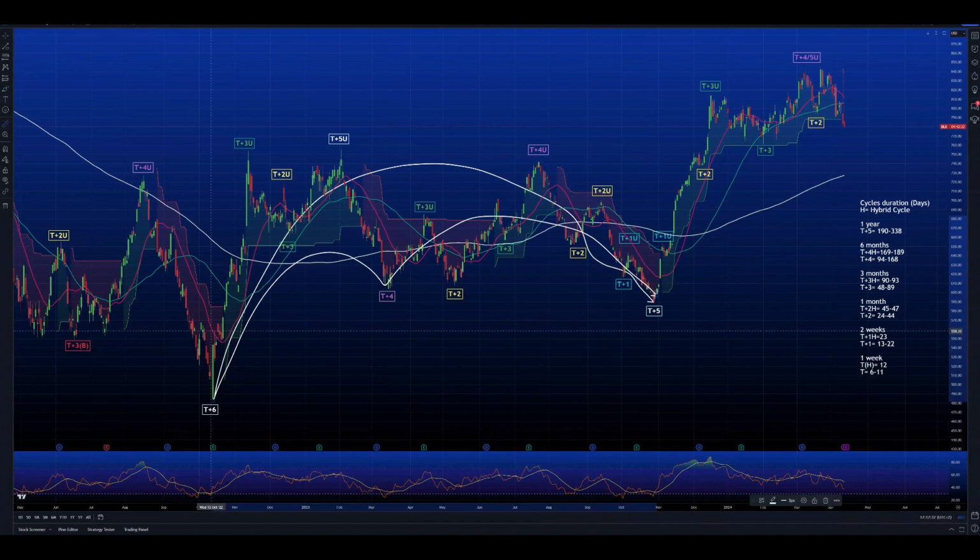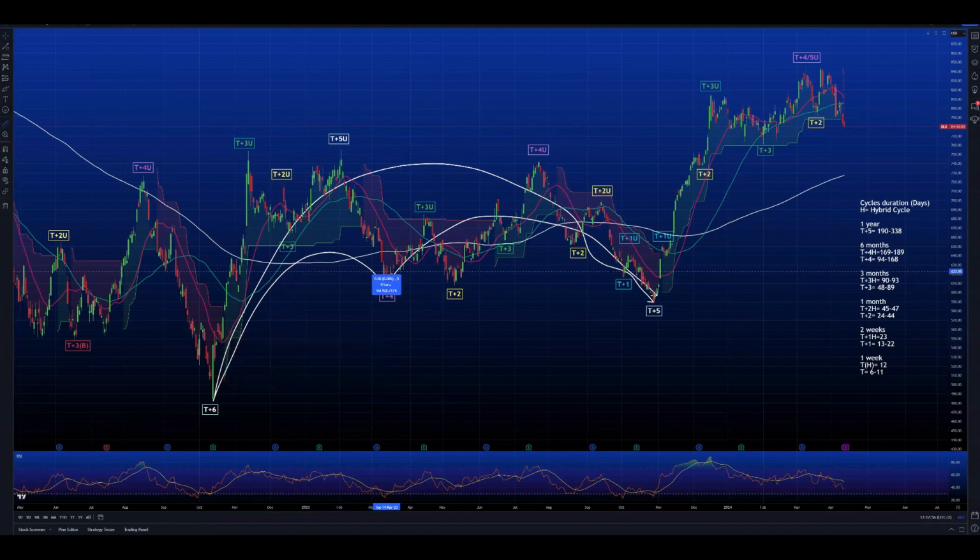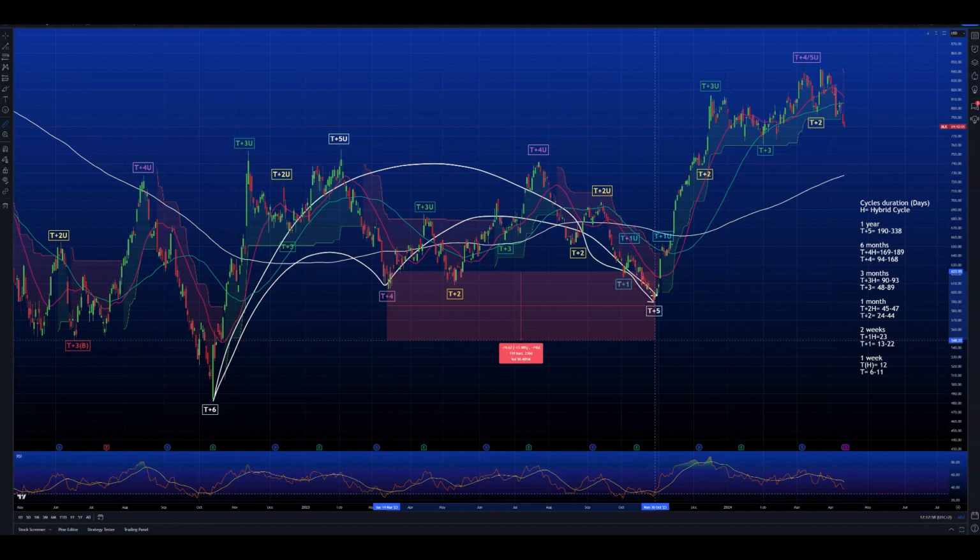In order to come up with the definition of the cycles, we gauge every time the duration of the days between the two significant lows that are called swings. So here we have 130 days, and in the second T plus 4 6 months downward cycle, we have had a total of 157 days.